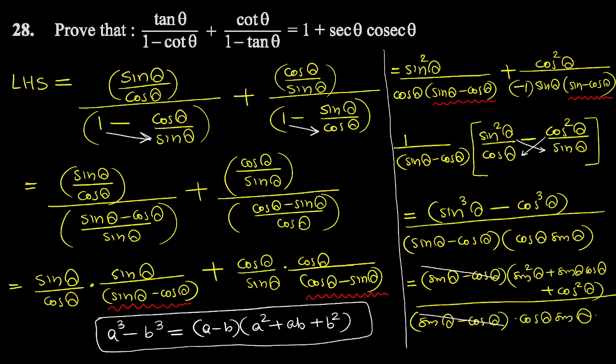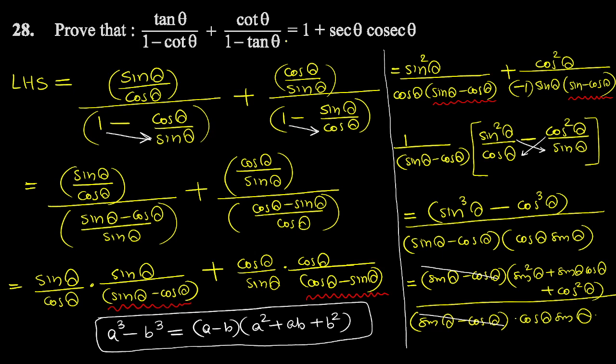So finally I got sine square plus sine theta cos theta plus cos square in the numerator side, correct? Let me write that. I got sine square theta plus sine theta cos theta plus cos square theta in the numerator side, and denominator sine theta into cos theta.